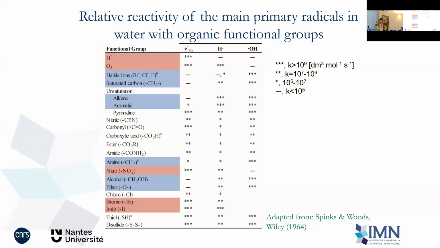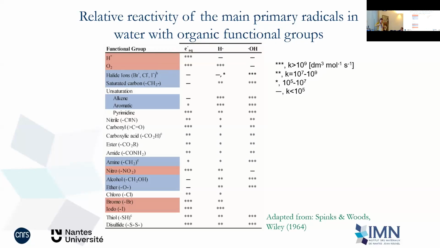These are the main three, so the most abundant and also the most reactive of them: the aqueous electron, the solvated electron, the hydrogen atom, and the hydroxyl radical. So these are the main three primary species of the decomposition of water that you are going to have in your solution.